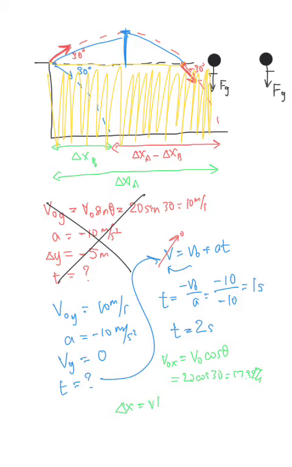So rearranging the constant velocity formula for delta x, we have v times t, so 17.32 times the 2 seconds from right here gives you an answer of 34.64 meters. So since the distance from here over to here is 34.64 meters, the distance from here to here, which is how far apart they land, is also 34.64 meters.